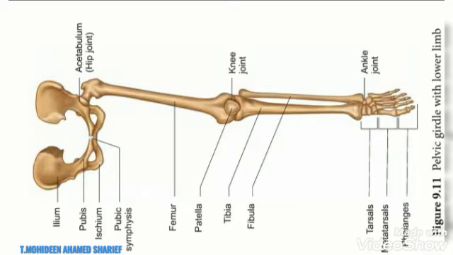Next one is the upper limb. The upper limb consists of 30 separate bones and it is specialized for mobility. The skeleton of the arm, the region between the shoulder and the elbow, is the humerus. The distal end of the humerus articulates with 2 forearm bones called the radius and ulna.